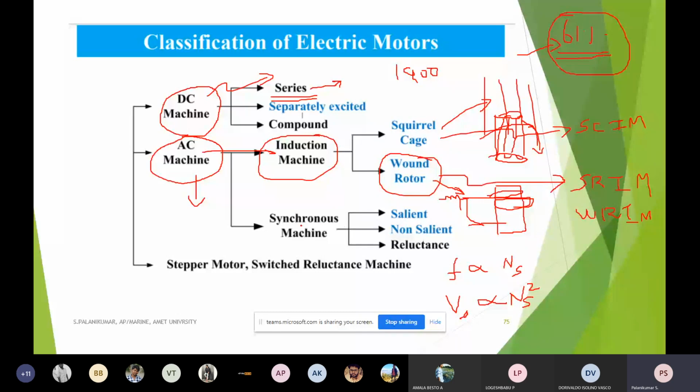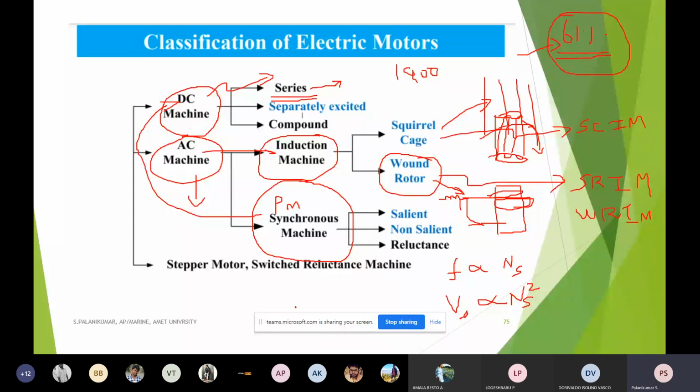Apart from that, we are using the permanent magnet synchronous machine. Even though we have salient pole, non-salient pole, and reluctance machines too, as far as the electrical vehicle is concerned, we preferred only permanent magnet synchronous motors. This can be similar to a brushless DC motor, and we can operate it that way.